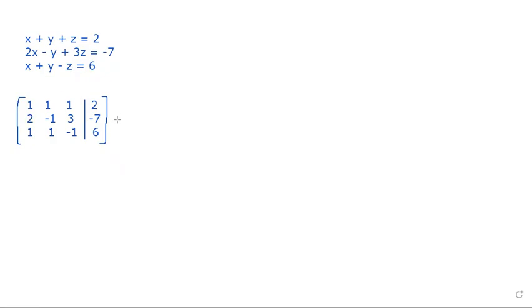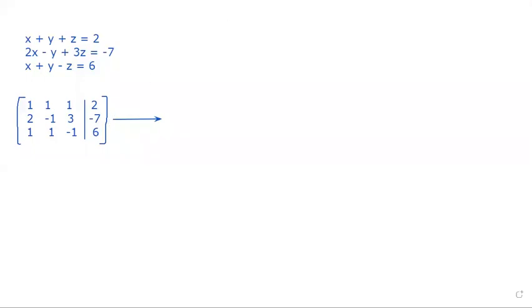So now, we'll see how to put this in row echelon form. First thing we want to do, we want to make this a 0. Now, there are a lot of different ways to do these problems. Row echelon form is not unique, all right? But for me, I like to push myself down, work myself down, and then work myself back up through back substitution. So let's see what we mean here.